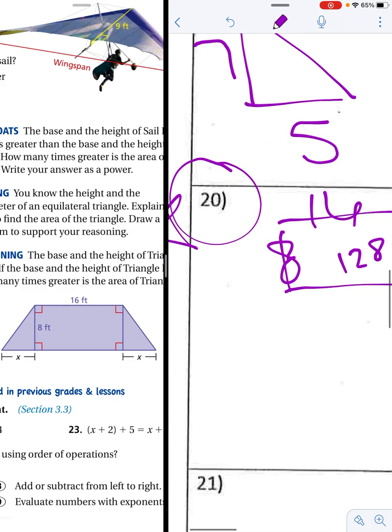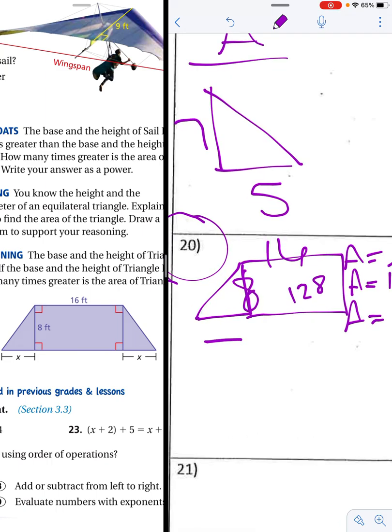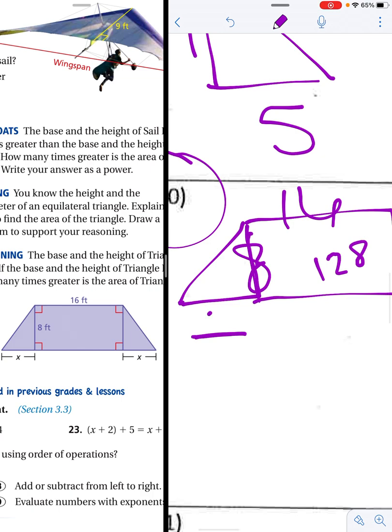Okay, if we come back over here and we draw the rest of this, the height is 8. 8 times something divided in half needs to give us 24. 8 times what will give us 24? You can't do 3 because 8 times 3 is 24, but then you divide it in half because it's a triangle, so that would be 12 and 12. So that wouldn't be right. You want it to be 48, so 8 times 6 is 48.